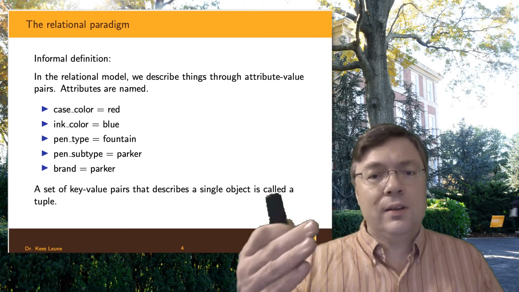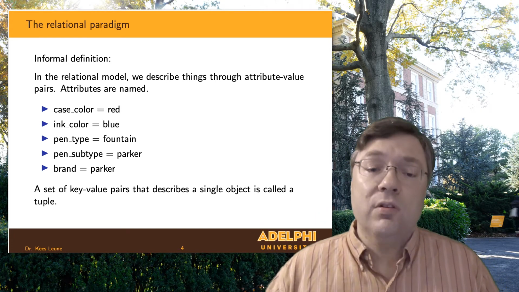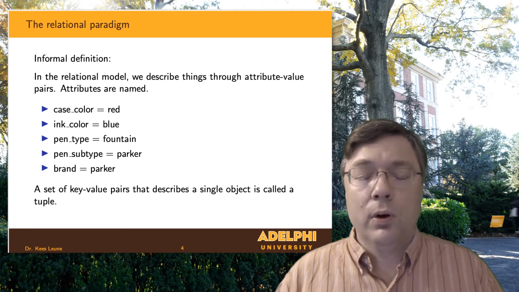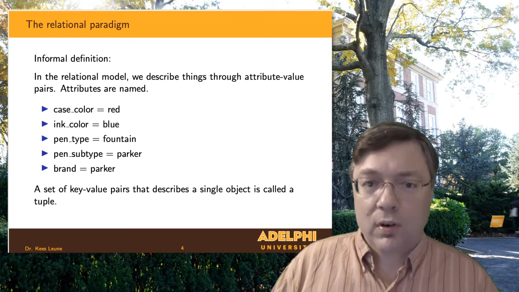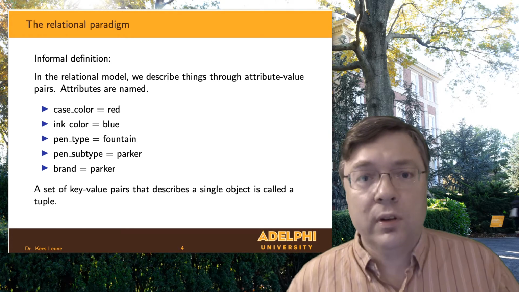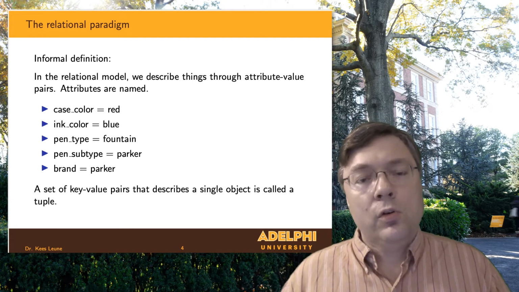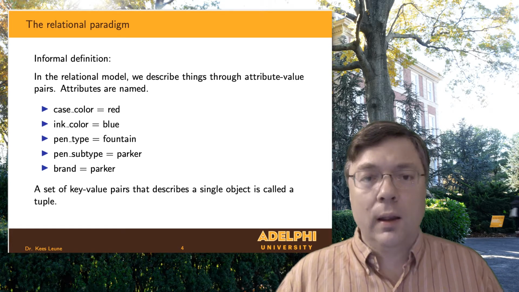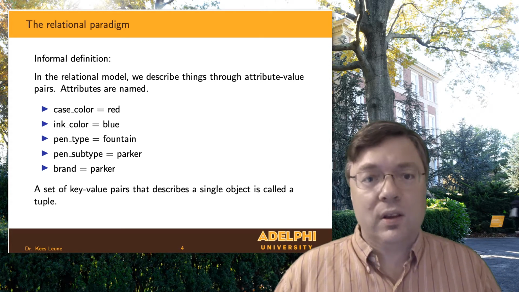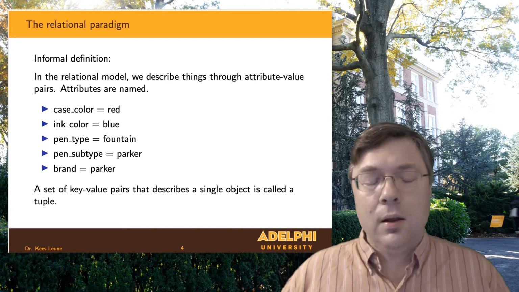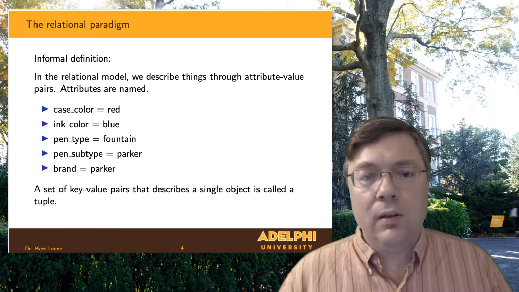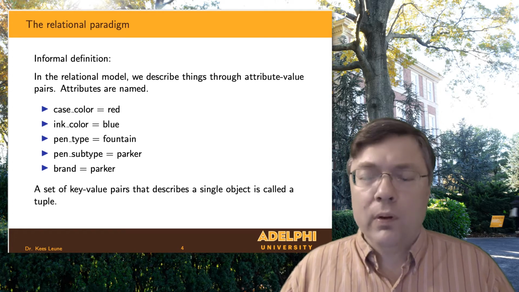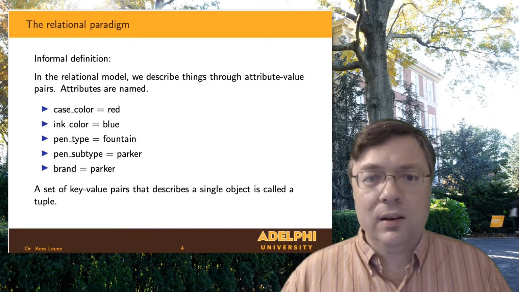And so we can start listing a whole bunch of these properties of these different pens that we want to be able to describe, and then the actual values that describe the pens. To a computer scientist who has trained in using, for example, objects and object classes and attributes in those objects, this should all be very intuitive and very easily understood.